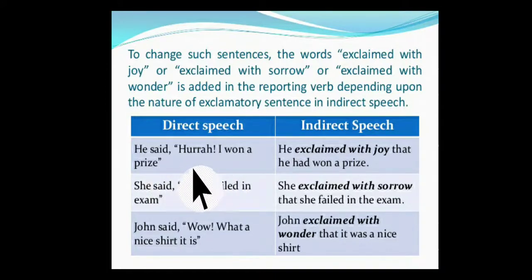Instead of "he said", because it is an exclamatory sentence, it becomes: he exclaimed with joy that he had won a prize. Wherever we see "Hurrah", we use "exclaimed with joy"; the rest of the rule is the same. Then she said, "Alas, I failed in exam." She exclaimed with sorrow. Alas means sorrow.